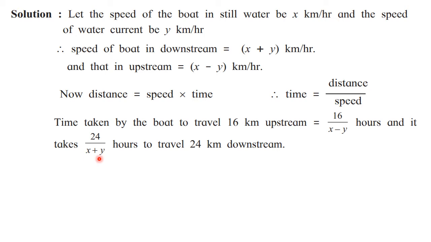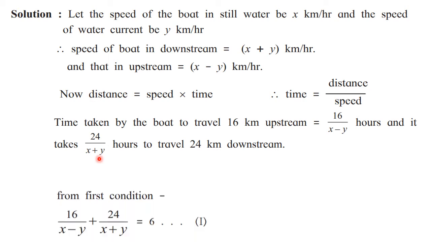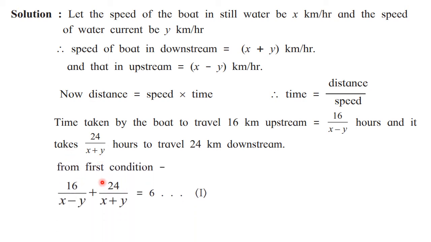And then the total time is given to us. So by using that we can write down the equation from the first condition. The total time taken is 6 hours. This is the time for upstream, this is the time for downstream, and when we add them together, it takes 6 hours. So we can write down the first equation.